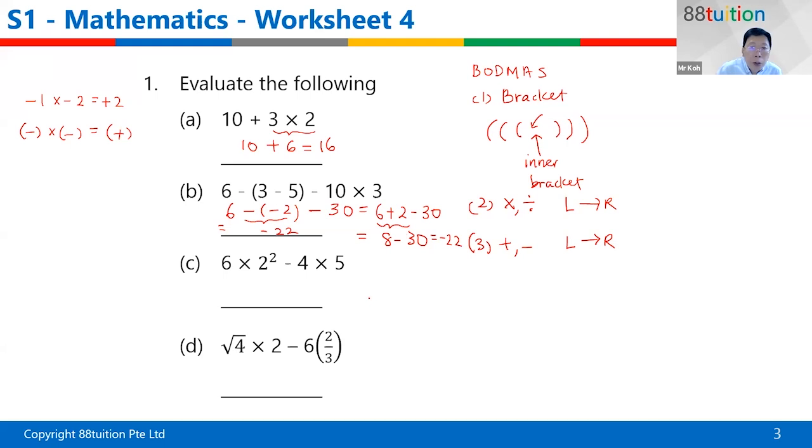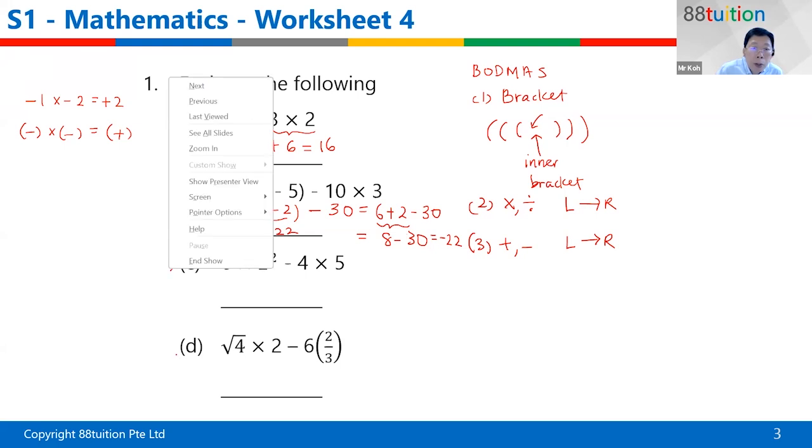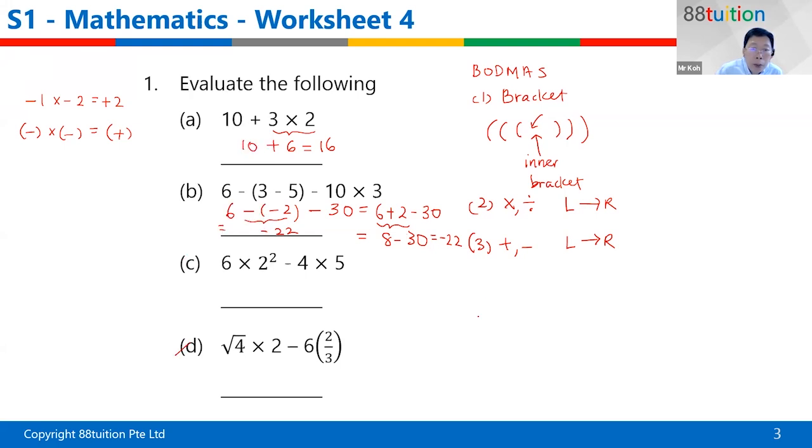Maybe I want you to work on C and D. Just now I wanted to say something about D. When they have a 6 with a bracket, this is actually 6 times 2/3. Compared to if you have 6 and 2/3, this is different when you write this way.